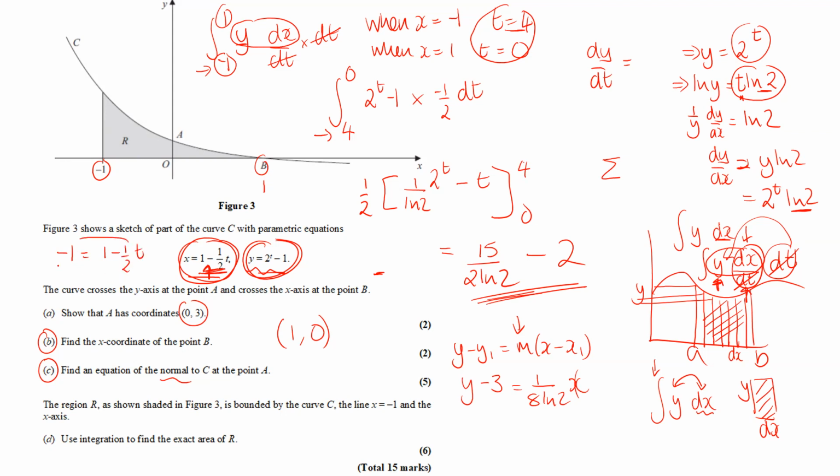So take that to the other side. Half t is equal to 2, and then just double up. t is equal to 4.